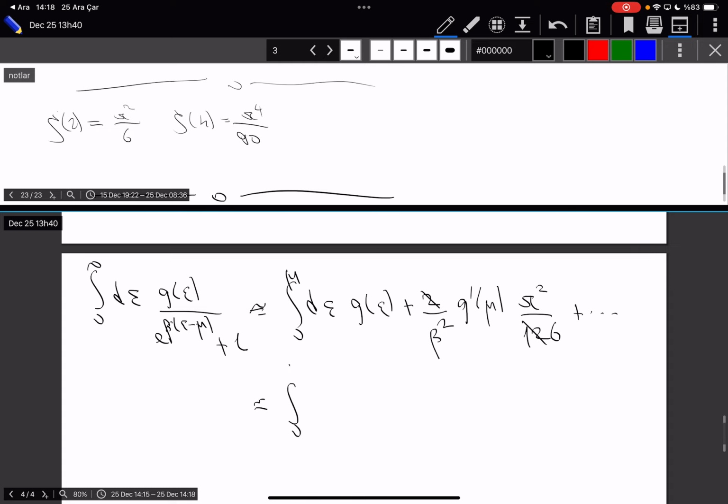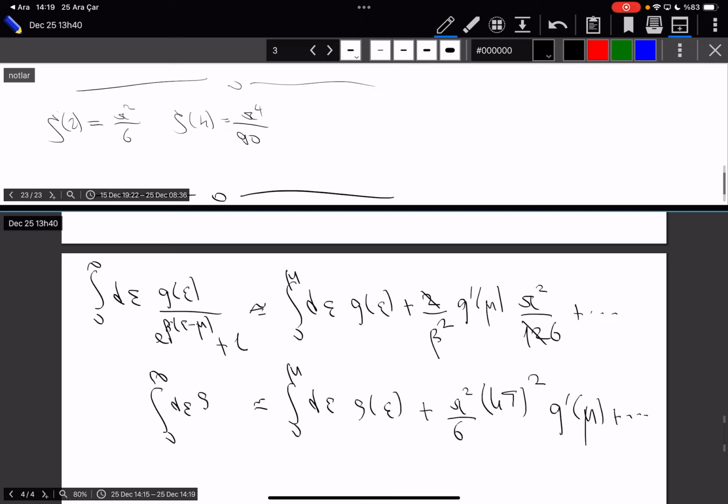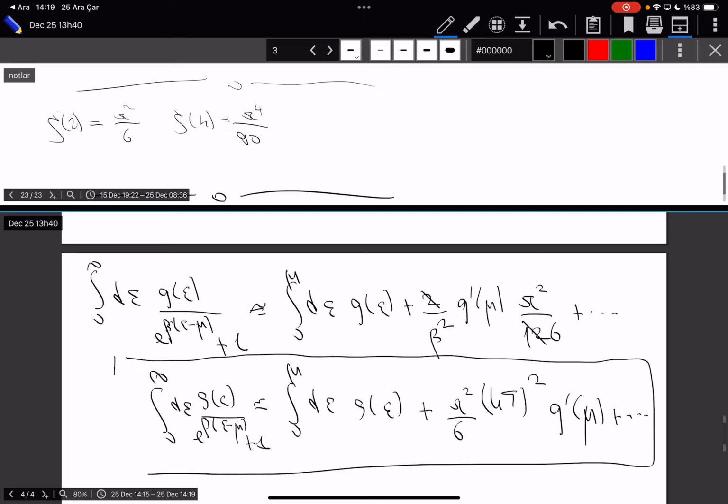This is approximately the integral from 0 to mu of d epsilon g of epsilon, plus pi squared kT squared over 6 g prime of mu, plus higher order terms. So any questions up to here? Yes, okay, there are some technical steps, but the basic idea is still there.